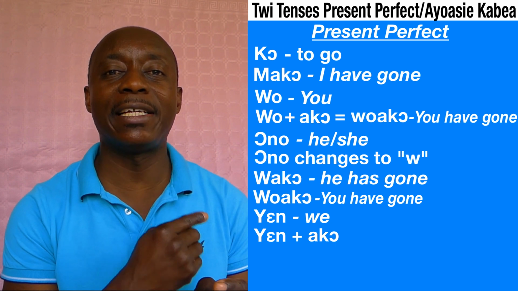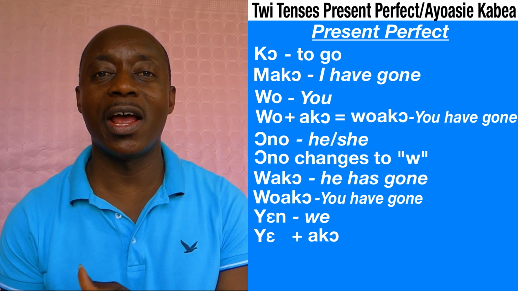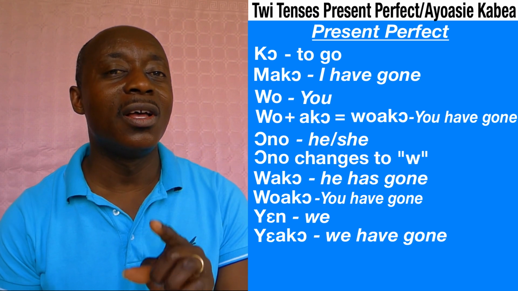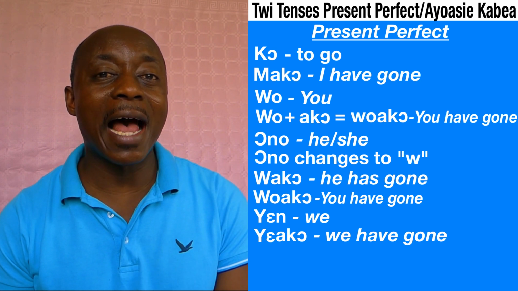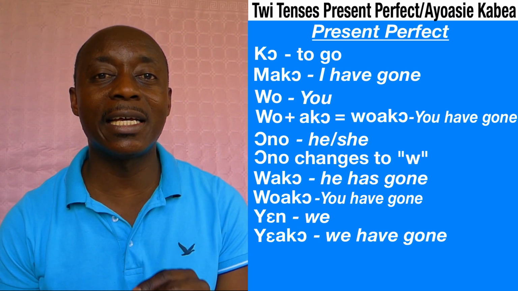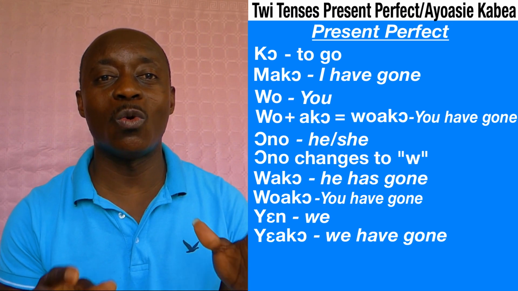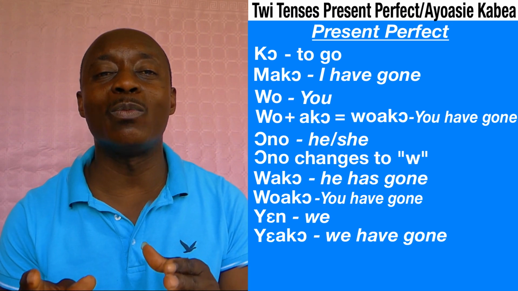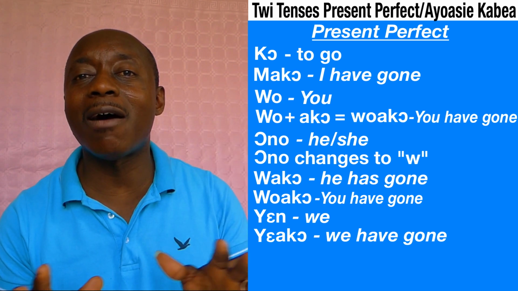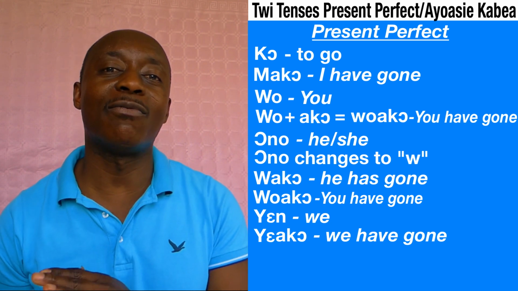The N will vanish, and then it will be yɛ akɔ, and then we'll get yɛakɔ. The E is somehow silent, but don't forget to write it, because if you take it away, it will mean something else. So, yɛ akɔ, but we pronounce it yakɔ. We have gone.